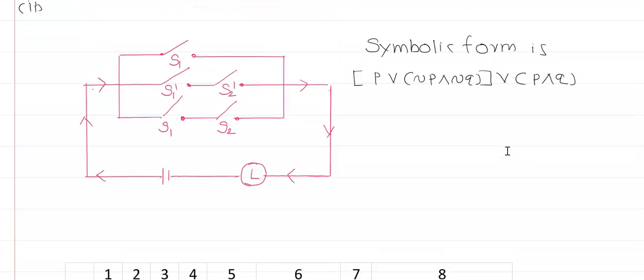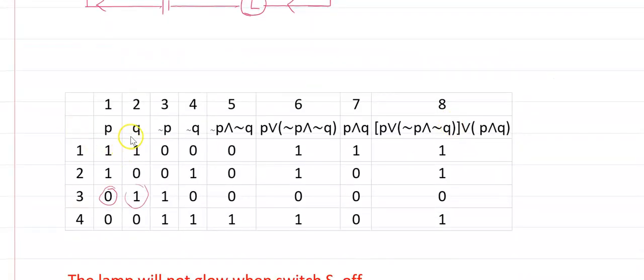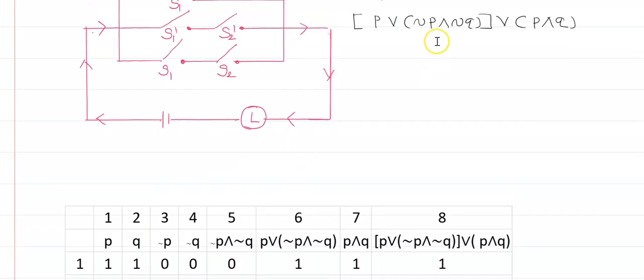Now see the truth table. First is P, Q, their negation, and the next negation of P and negation of Q. Then again or with P or negation of P and negation Q. Next we'll find out P and Q, and that is the or between column number 6 and column number 7.